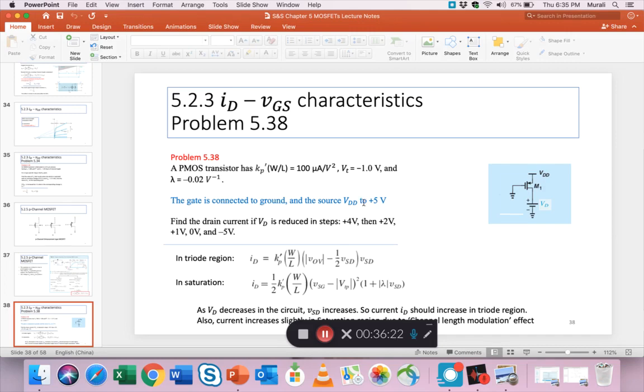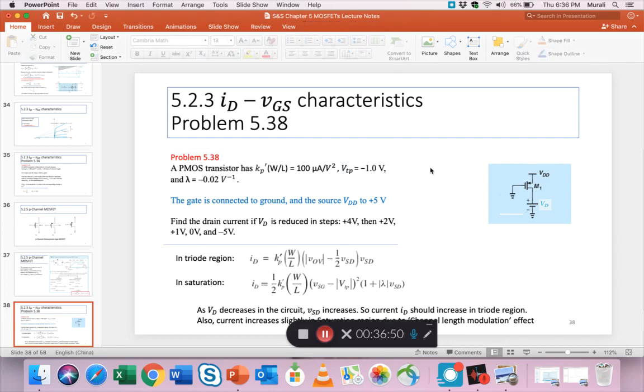So here it is. A PMOS transistor has all the usual values. It's given a VT, which actually maybe I should put as VTP. Okay, anyway, there you go.